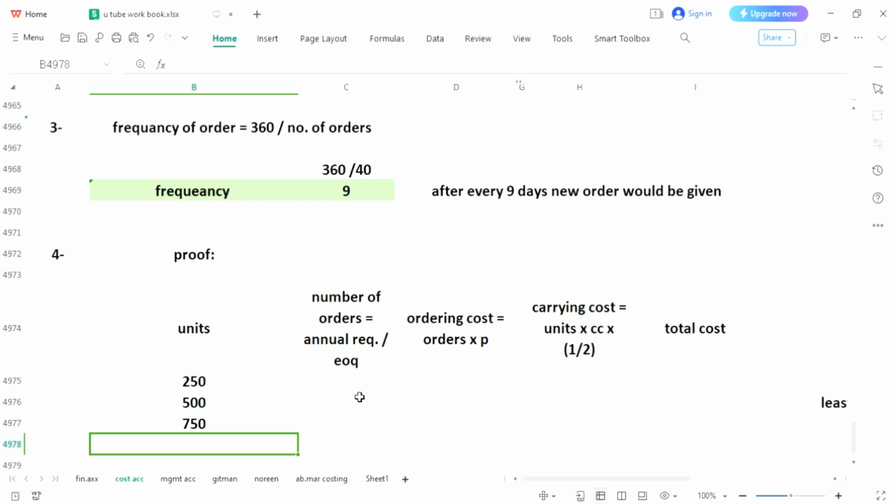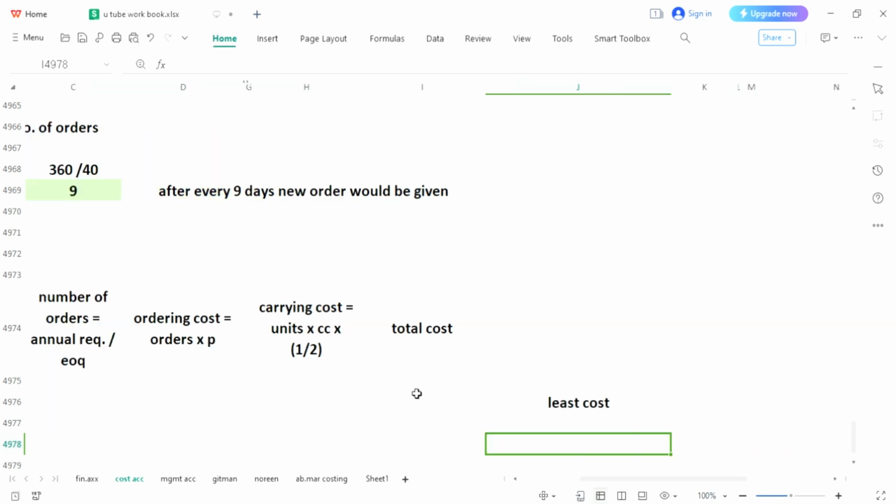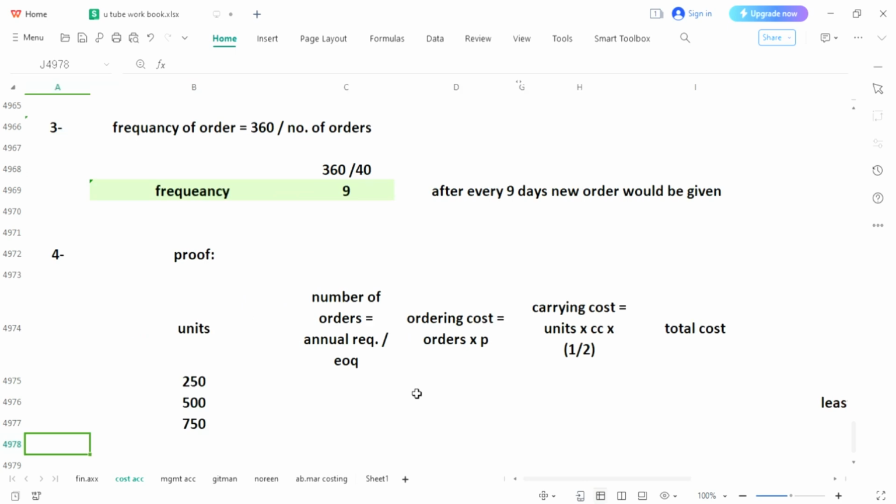So the claim is here, and you will learn that if you follow economic order quantity, you will be paying the least amount. Cost would be less than that of any other number of units. Most economical number of units to be ordered.